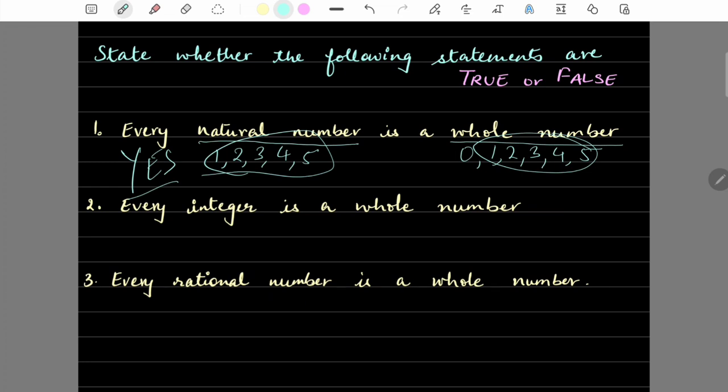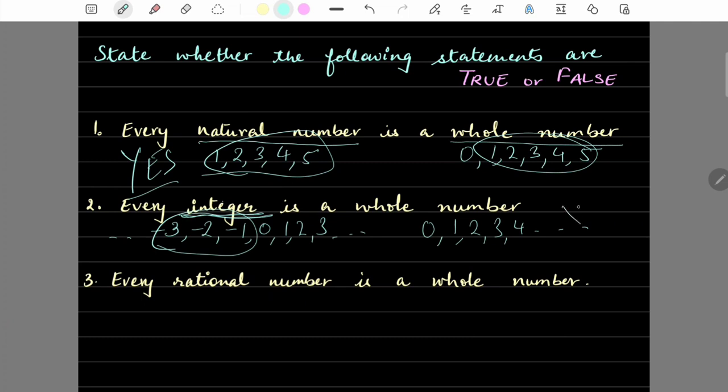Every integer is a whole number. Integers are minus 3, minus 2, minus 1, 0, 1, 2, 3. Whole numbers are 0, 1, 2, 3, 4, and so on. Right? So these negative numbers are not here.